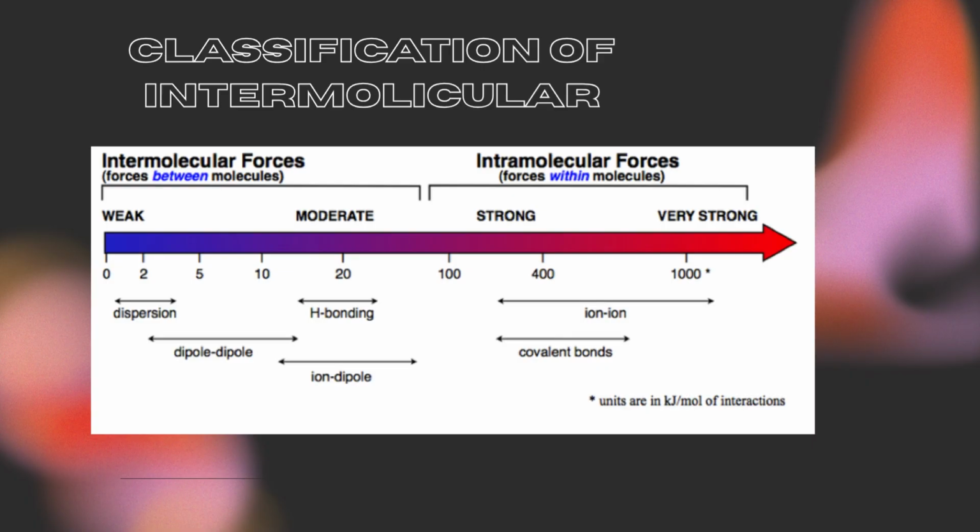While they are significantly weaker than intramolecular forces, which hold atoms together within a molecule, they are vital in determining the physical behavior of substances, especially in the liquid or solid states. These forces influence properties such as boiling and melting points, viscosity, vapor pressure, surface tension, and solubility. There are several types of intermolecular force, each with different strengths and characteristics.